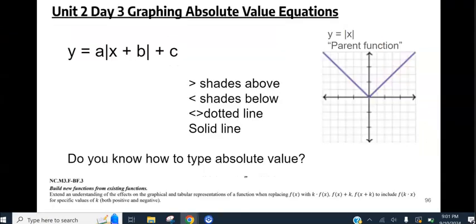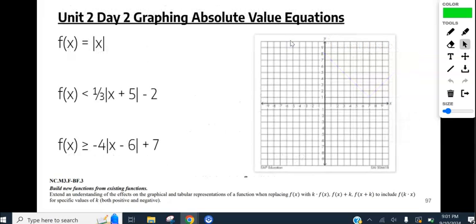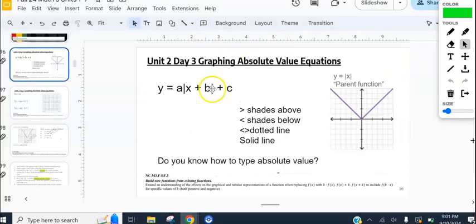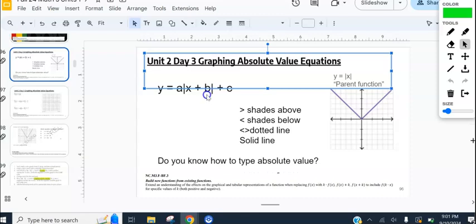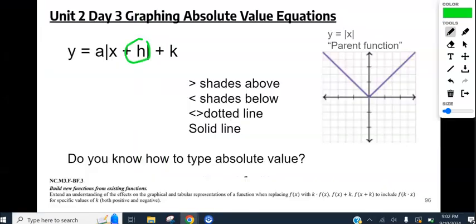So again, to summarize, just in case you didn't get any notes on that, because I really didn't write anything down. Remember this spot where I have a B, and I think it's actually better to use H and K, because H and K are usually good representatives for coordinates. So let's write down: H is always your left, right.